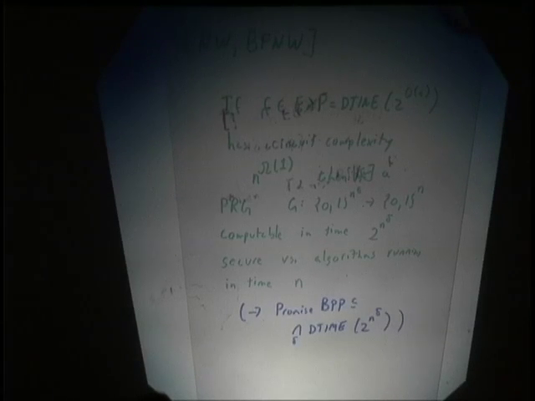So if you put that together, if we've got this hard function, hard in the worst case, but against non-uniform adversaries, then we get a deterministic simulation of any probabilistic algorithm, promise BPP type algorithm, in 2 to the n to the epsilon time. 2 to the n to the epsilon to compute the generator, times 2 to the n to the epsilon to do exhaustive search over the keys, times some negligible factor to simulate the algorithm on each string once you have the pseudorandom string.